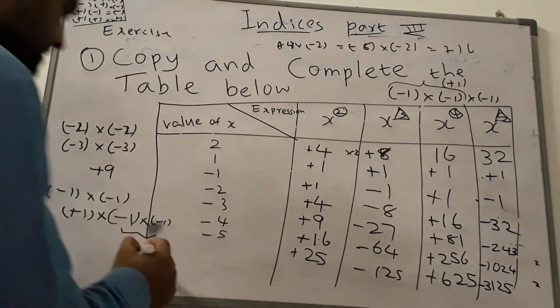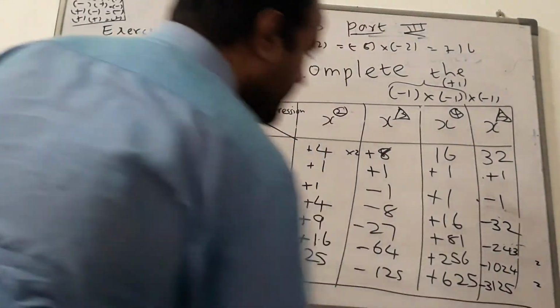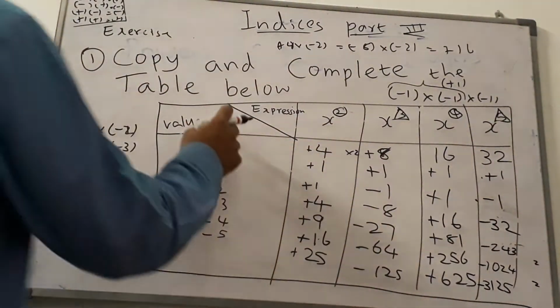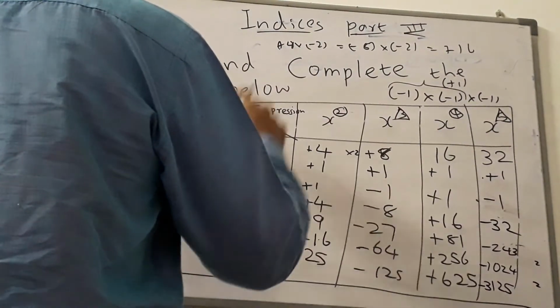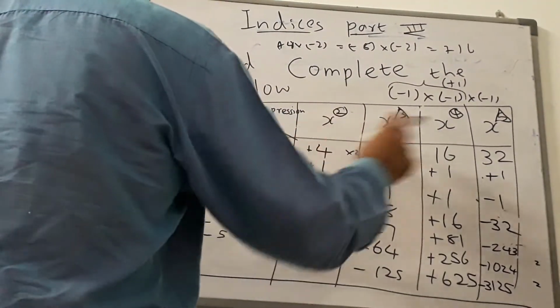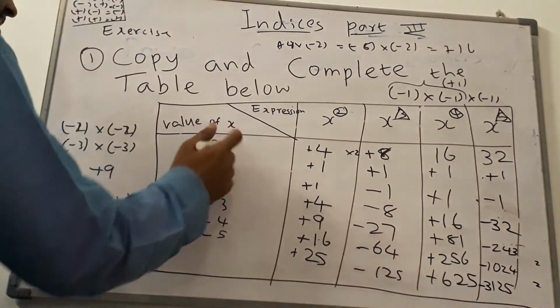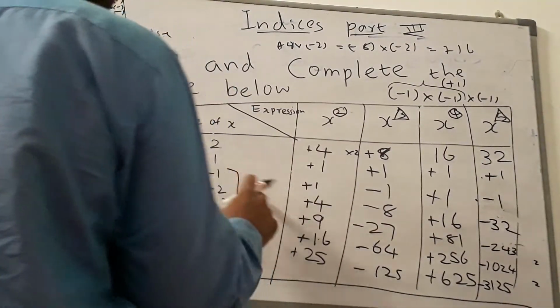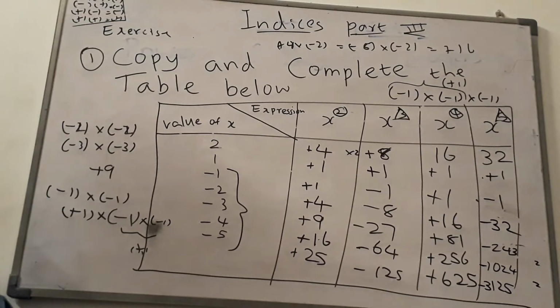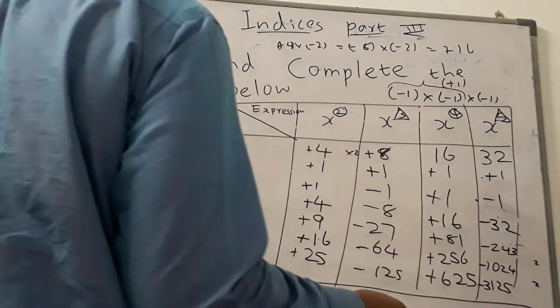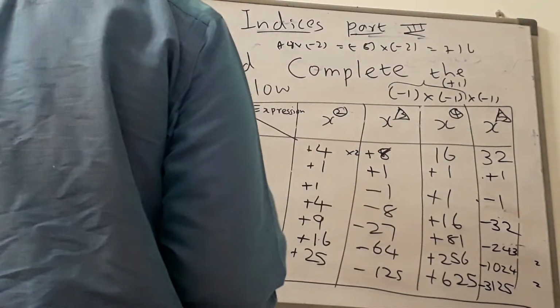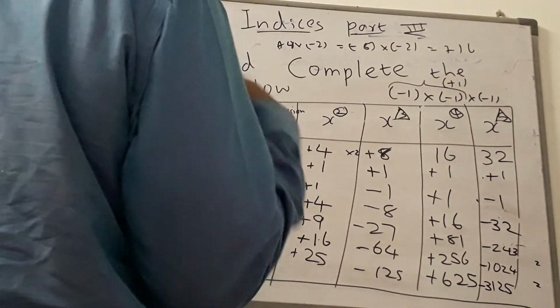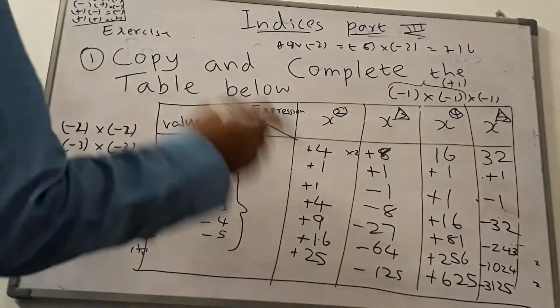Okay, now let's talk about this table yet again. Pluses, whatever the power is, the values are pluses. But if these are minuses, if we square the minuses, the answer becomes plus. If we cube it, then these become minus. If we take it to the power 4, again it will be plus.